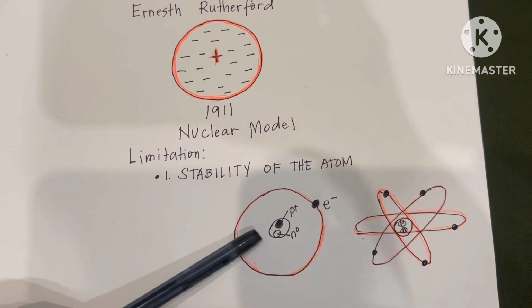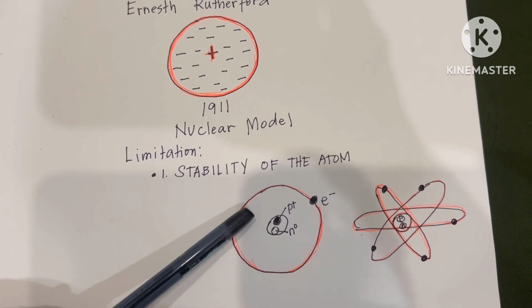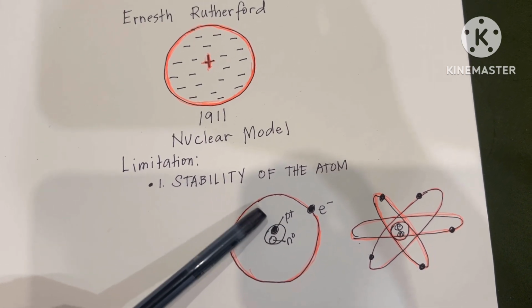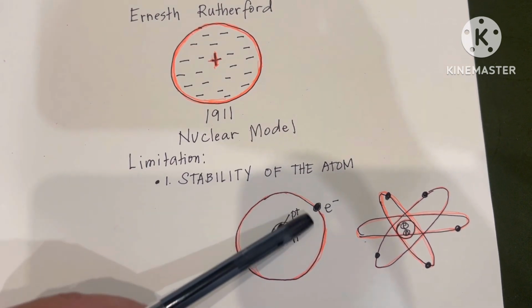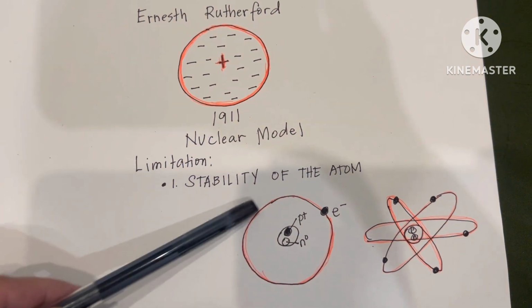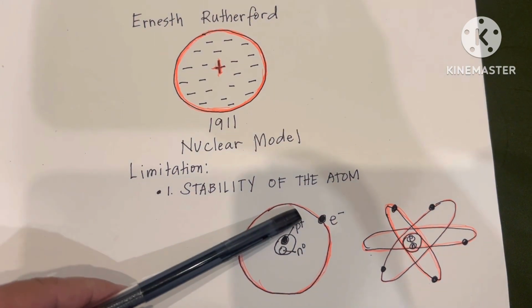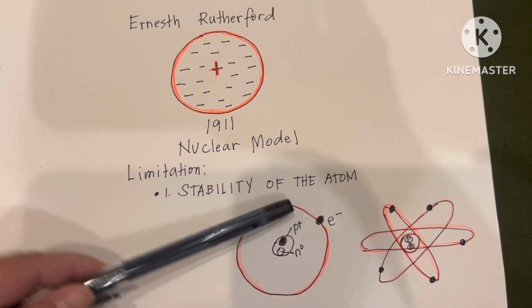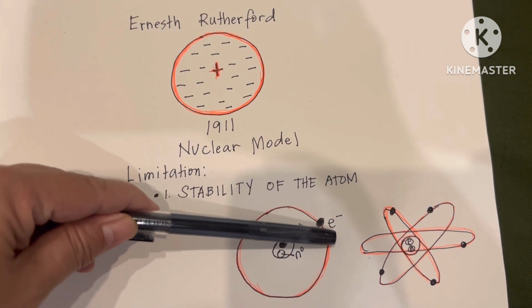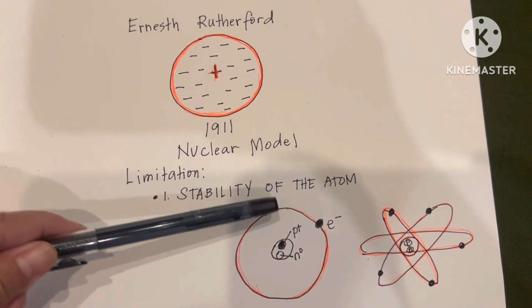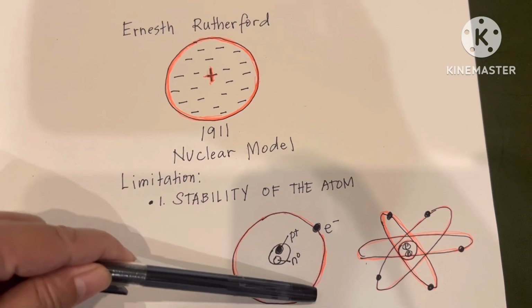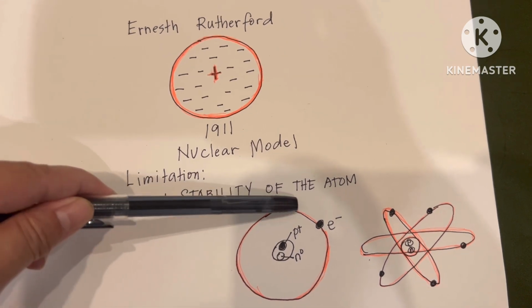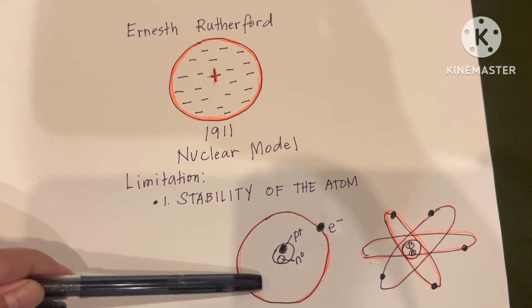Of course, the answer is yes, because even if electrons are moving at a constant speed, they are moving in a circular motion. It is accelerating because as it moves in a circular motion, at every point of the circle it will give you a different direction.